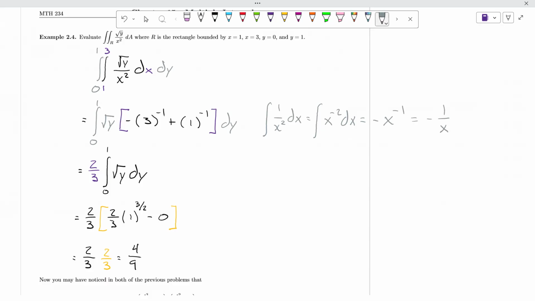I'm supposed to fill in that same work for the y integral that I did.